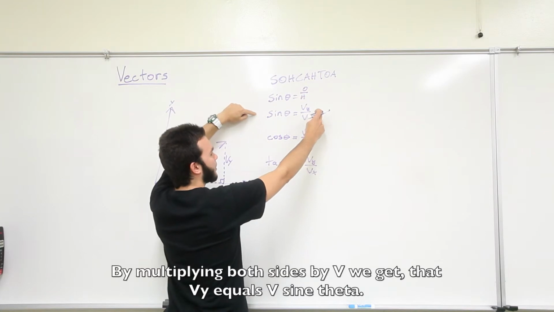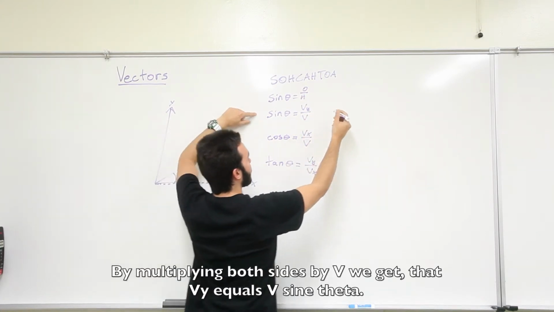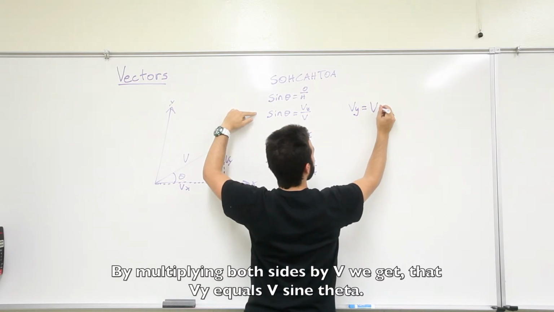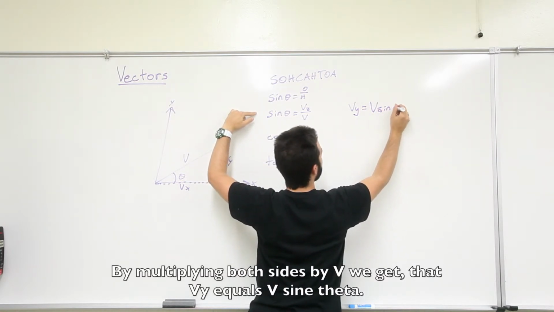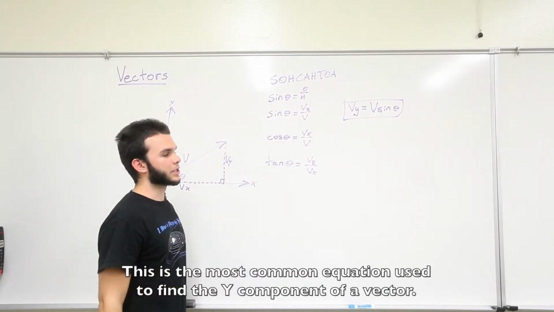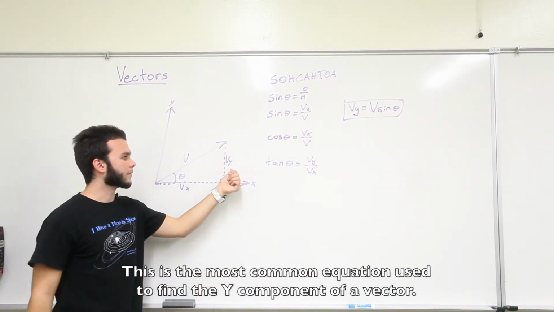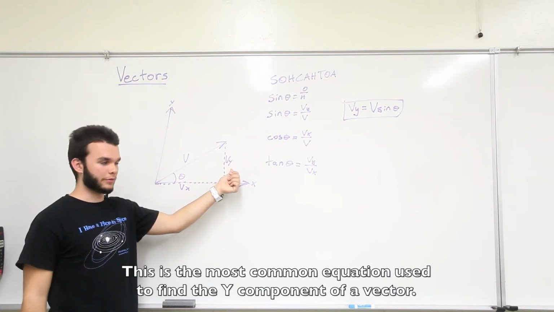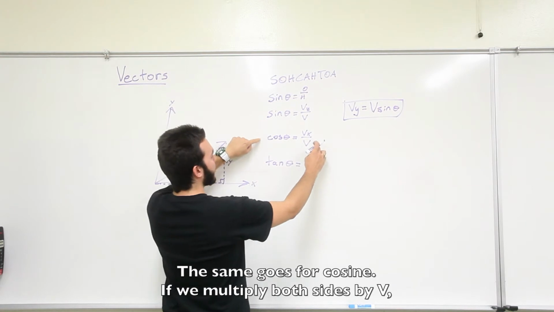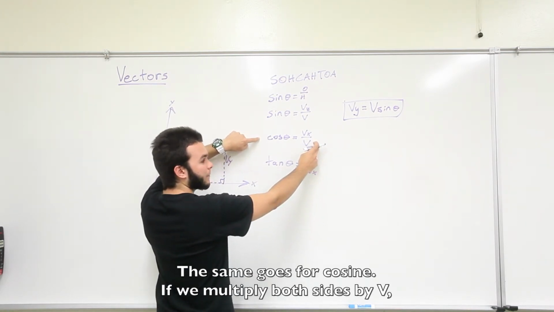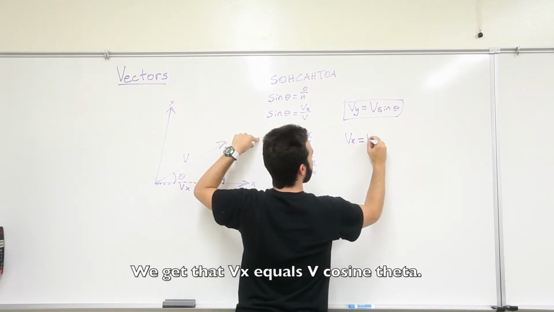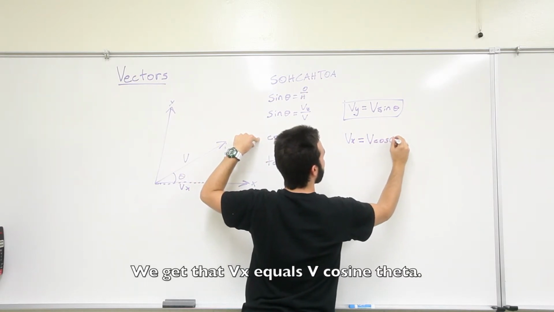By multiplying both sides by V, we get that Vy equals V sine theta. This is the most common equation used to find the y component of a vector. The same goes for cosine. If we multiply both sides by V, we get that Vx equals V cosine theta.